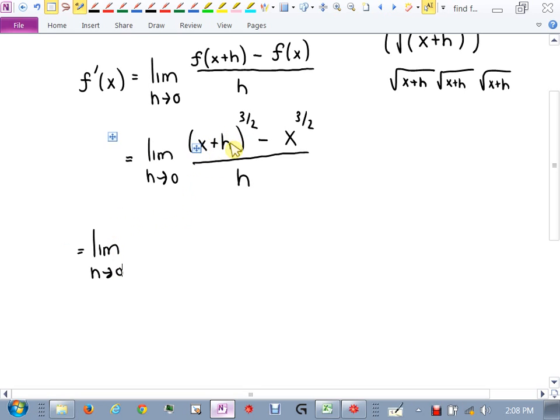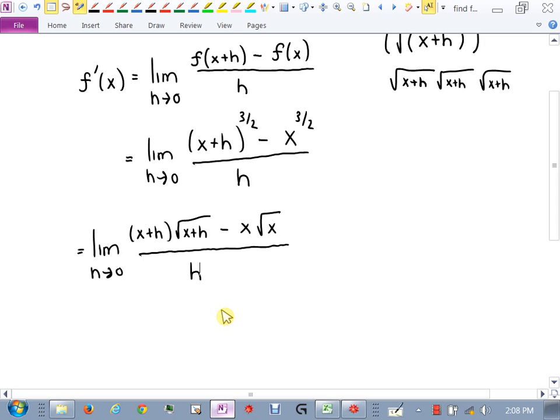If this piece right here can be rewritten as x plus h times square root x plus h, then how can you rewrite this one? X times square root of x all over h. Okay, I'm okay with that.